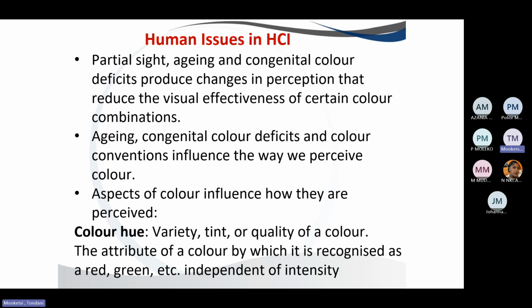Same with colors like green, or even red. So this is the attribute of color by which a person recognizes that color as red or as green, depending on the intensity of the color. So all of this affects how we perceive and detect information.